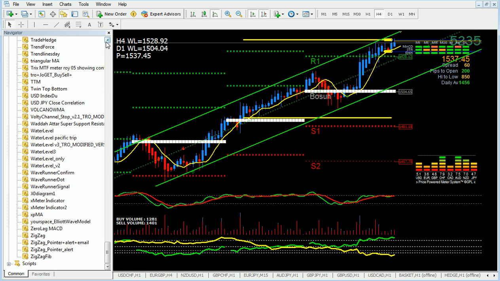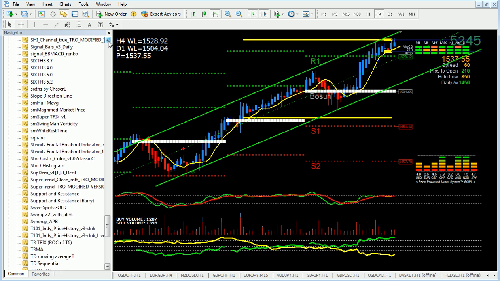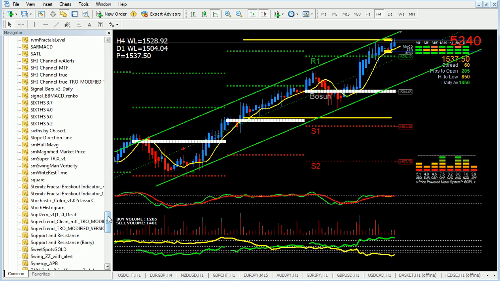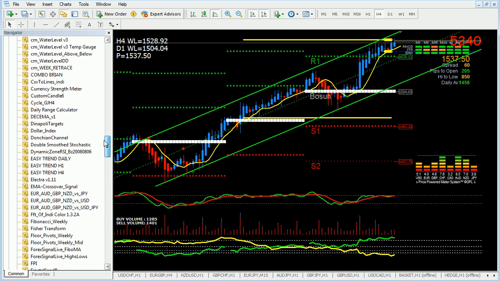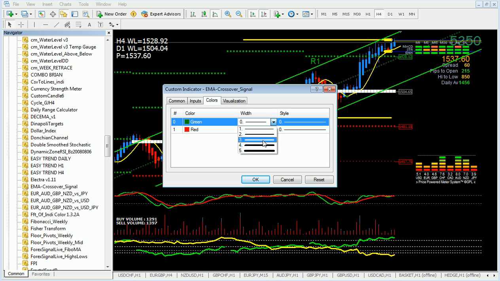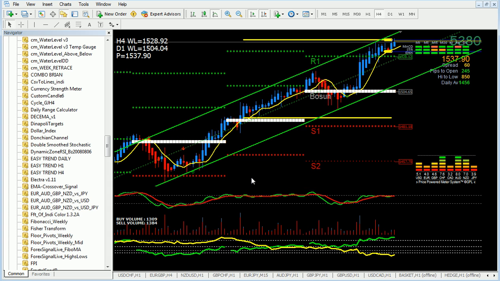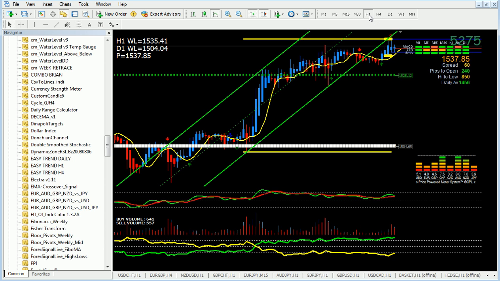And we're looking at an EMA crossover signal, and we'll just make that a little bit broader. And there it is there. It's very small. We should make them bigger.